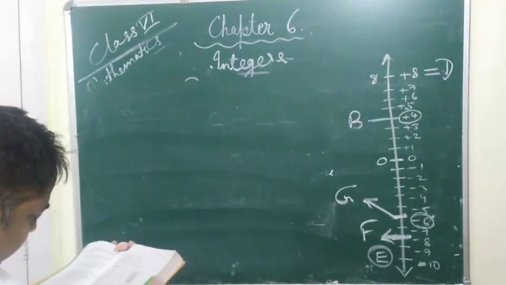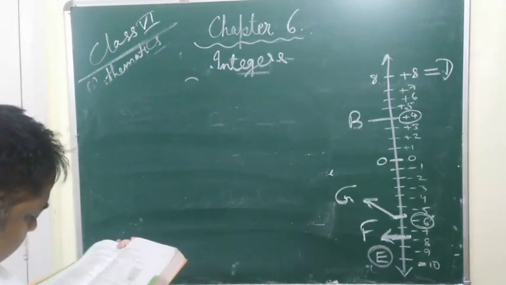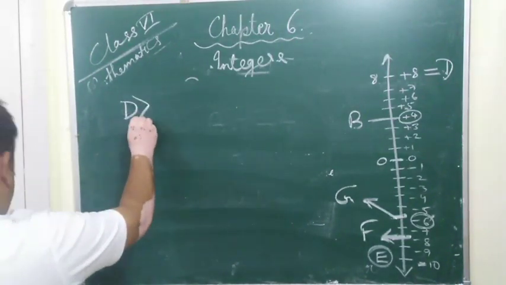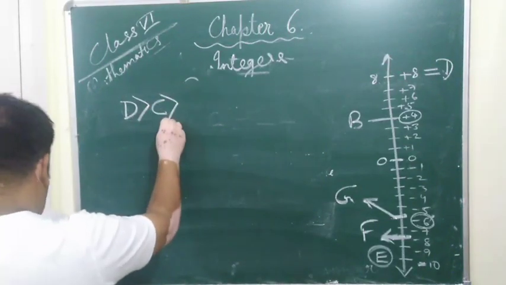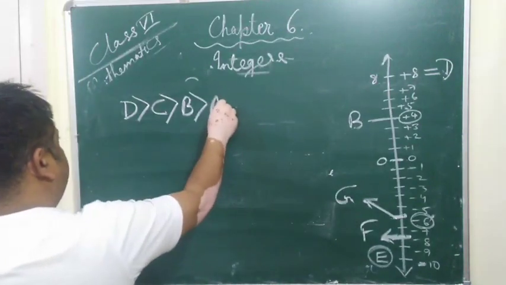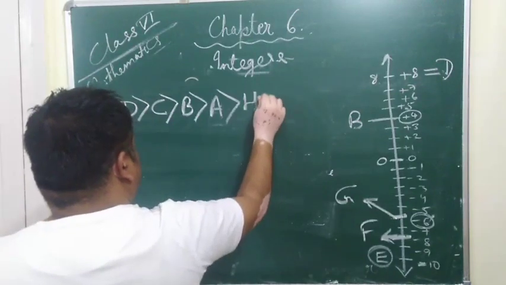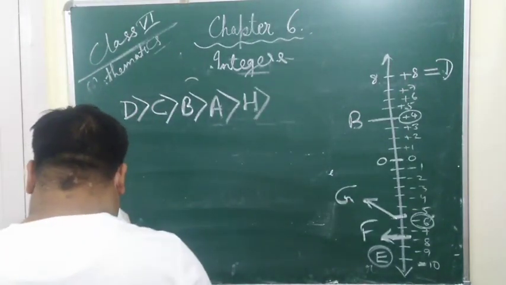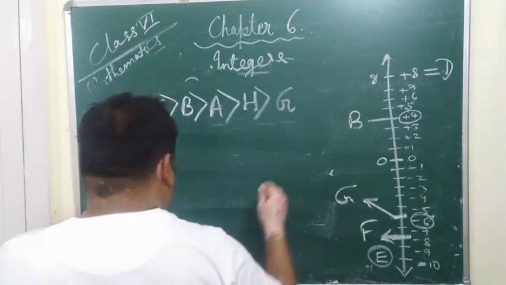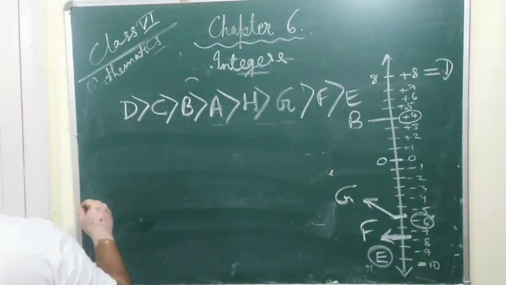Now the points which are given are D, C, B, A, H, G, F, E. So we write D is the biggest, then C, then B, then A, then H, then G, then F, and then E. This is question number E part.